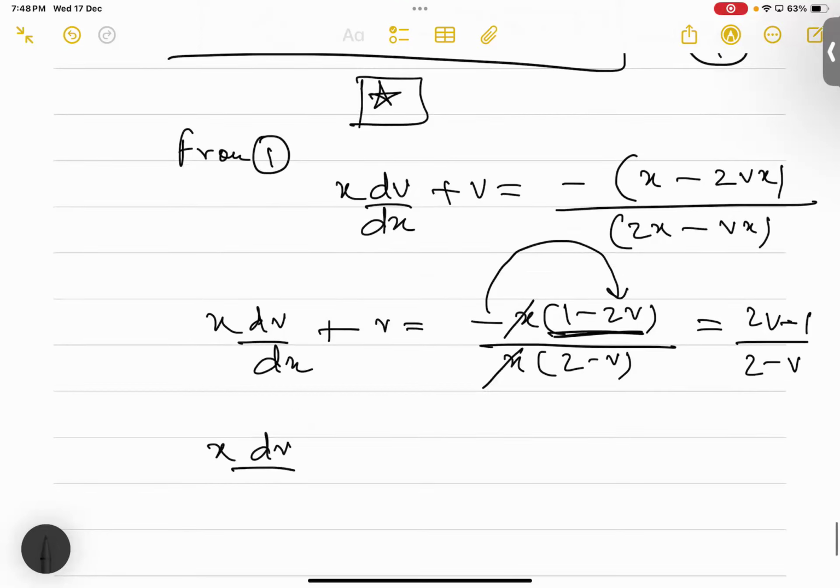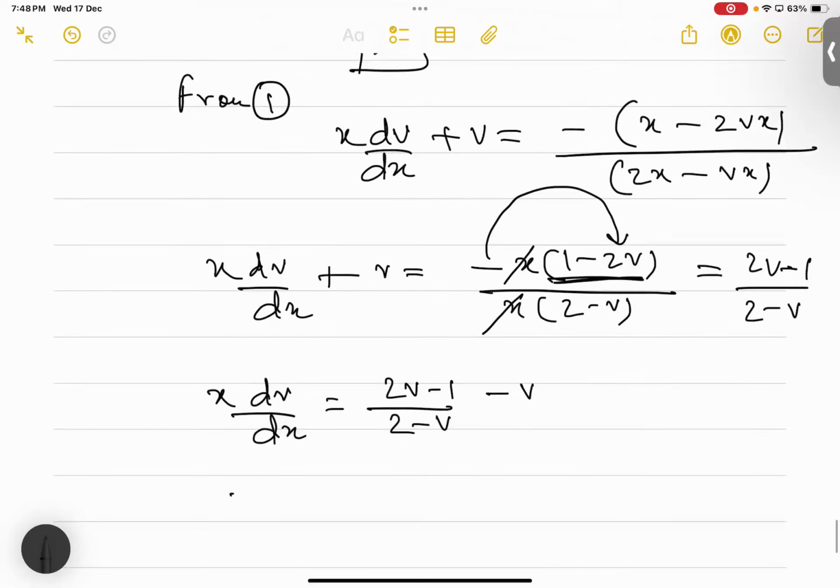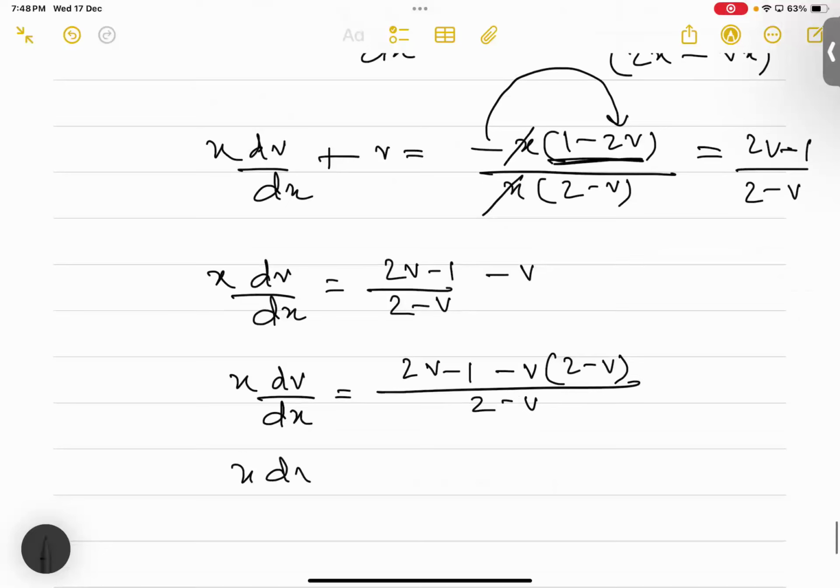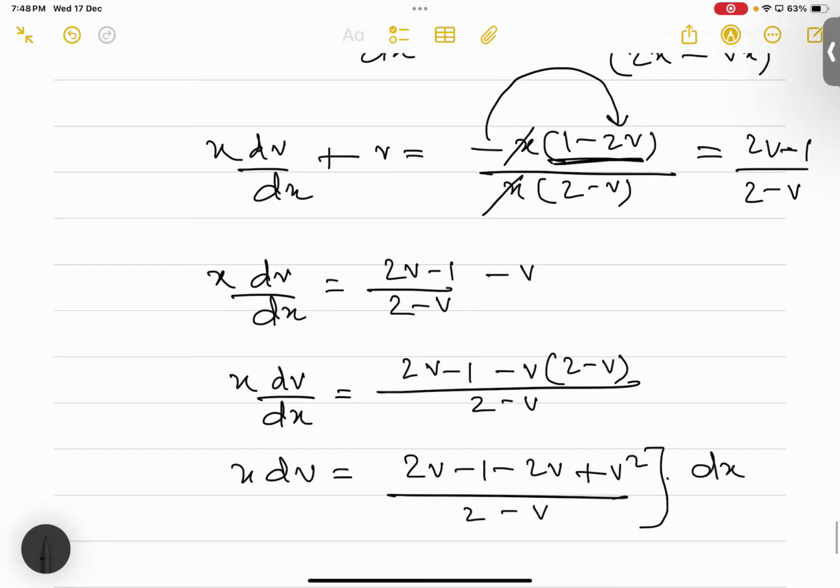So x dv by dx equals (2v minus 1) upon (2 minus v) minus v. Clear? x dv by dx. Take LCM on the right hand side. 2v gone.